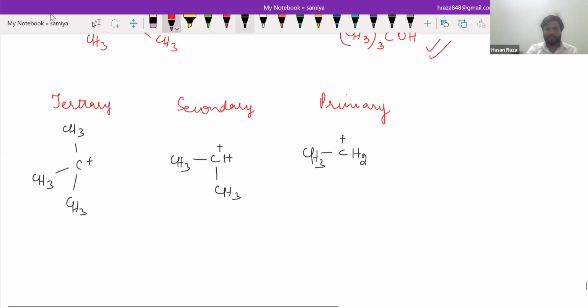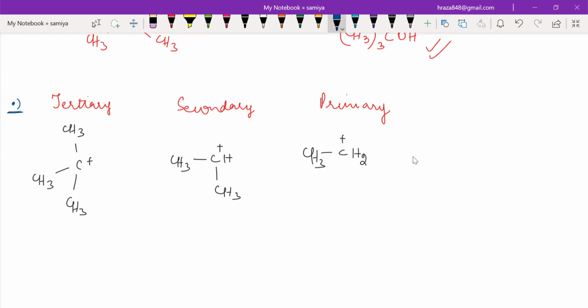That means you haven't studied well in class 11. Is there any problem in class 11? See, can you tell me, if there is a positive charge, is it an electron-rich compound or an electron-deficient compound?